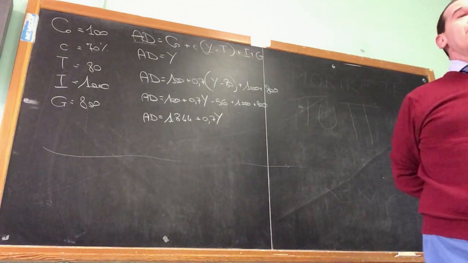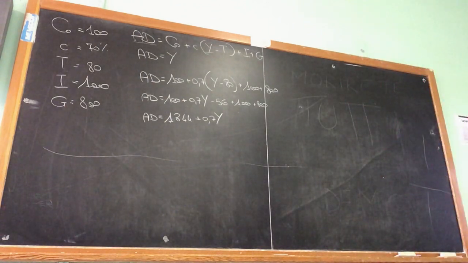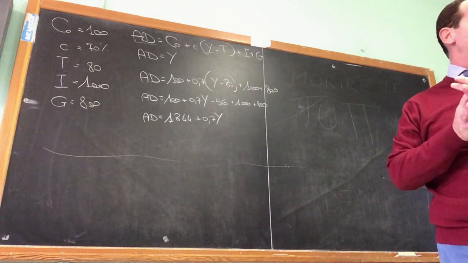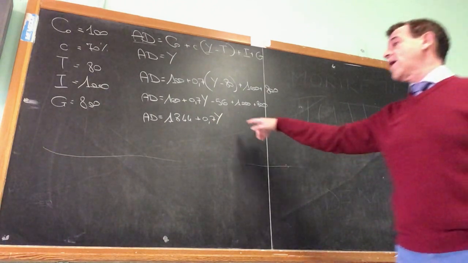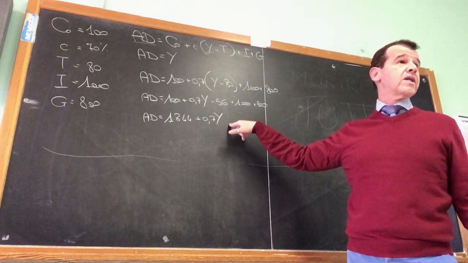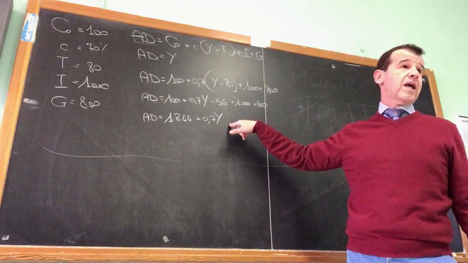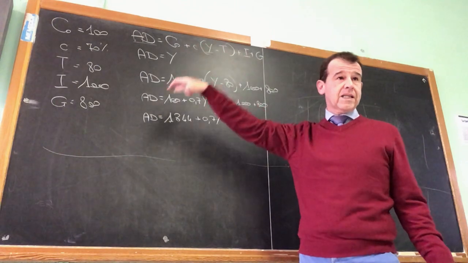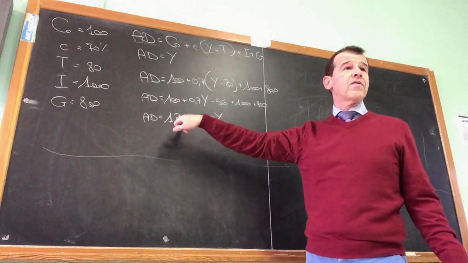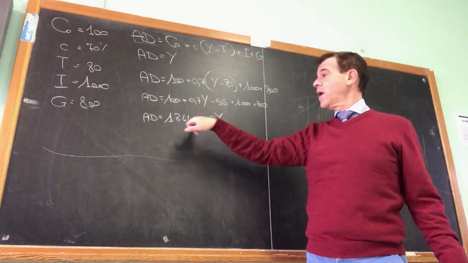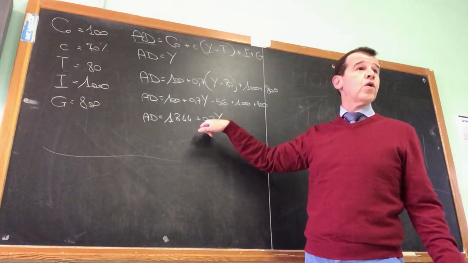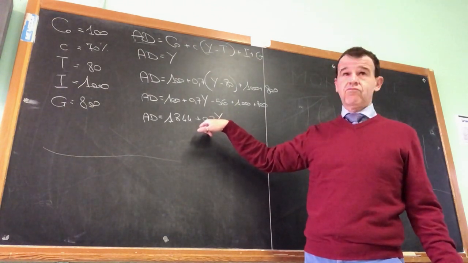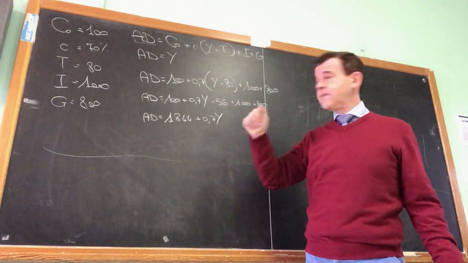As you see, with numbers it's much easier than with letters, because with numbers you already put them all together, right? So you have a very simple straight line to draw on your Cartesian plan. You just have your y on the y-axis, aggregate demand, you have your intercept, and you have your slope. Correct? Splendid.